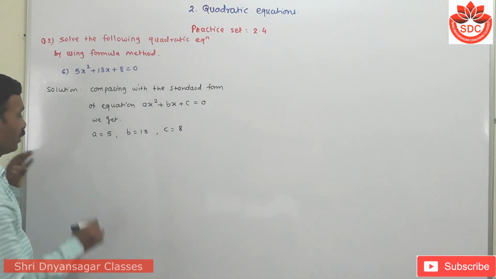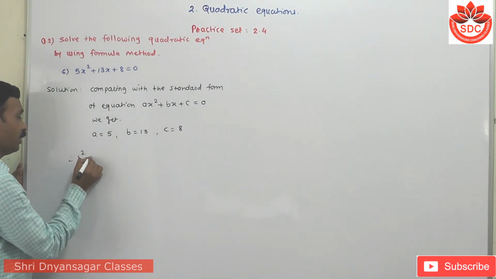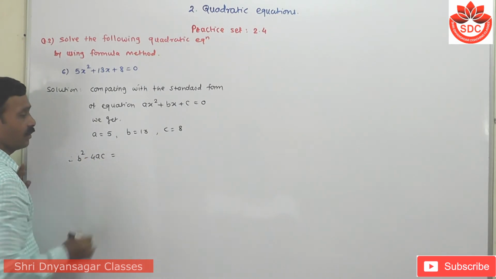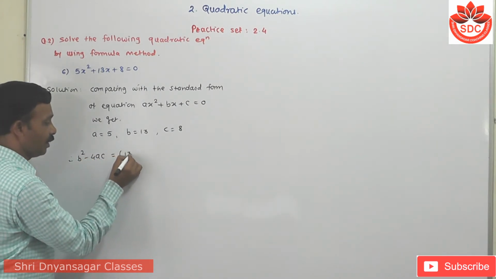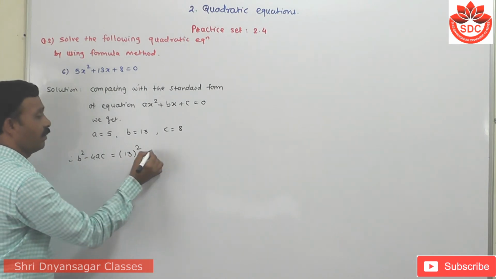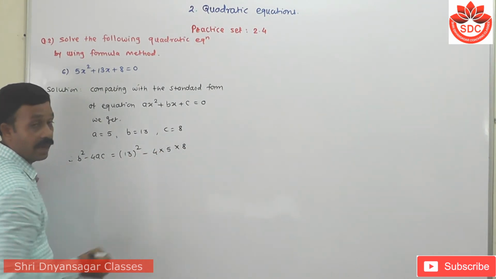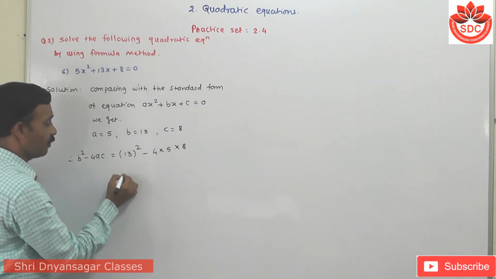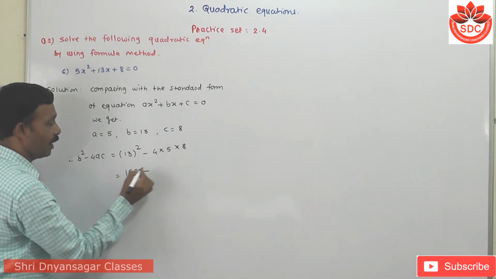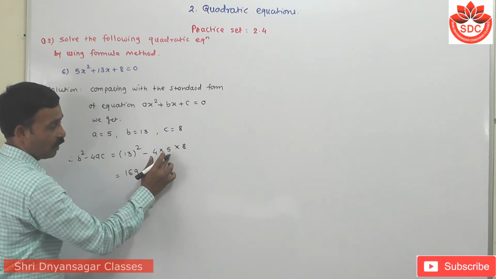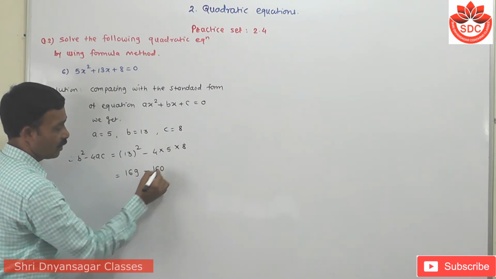8. Then we find out the value of b square minus 4ac is equals to, b is 13 square minus 4 into a is 5 into c is 8. Then 13 square is 169 minus 4 5s are 20, 20 8s are 160.